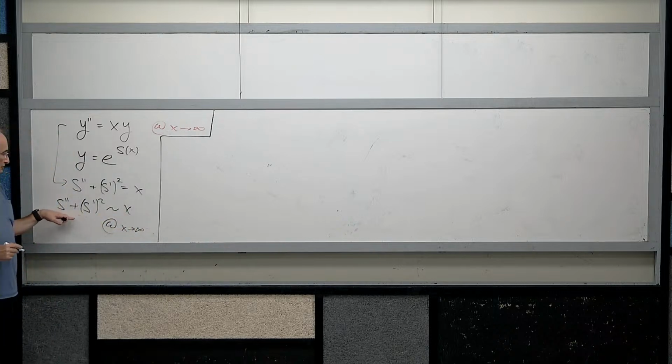Because what we can do now is what we did in the last lecture: dominant balance analysis. We have three terms, but we have the feeling that only two of them will balance each other as x goes to infinity, and the other one will be negligible with respect to them.